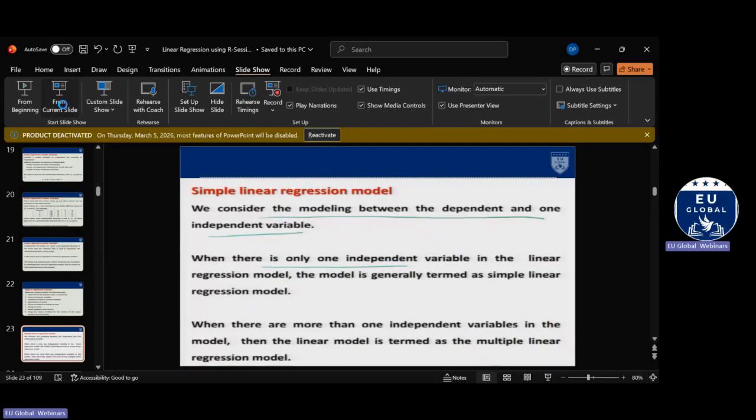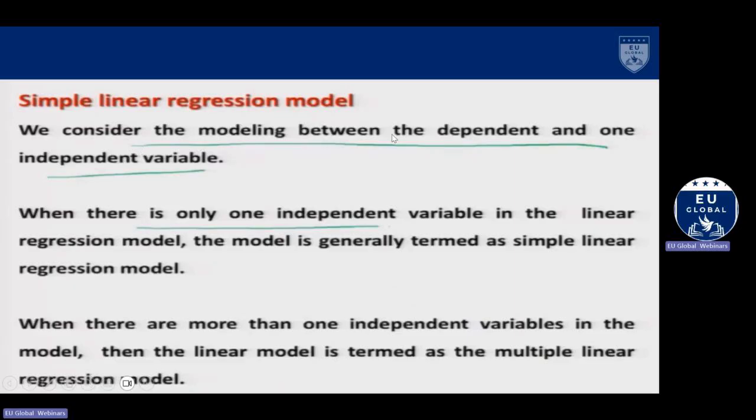Next we come to the simple linear regression model. After telling you the basics of what a regression model is, what the independent variable and the dependent variable are, and what the steps of regression analysis are, we come to our first model, the linear regression model, also called the simple linear regression model. We consider the modeling between the dependent variable and one independent variable.